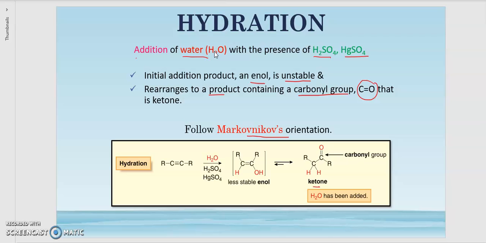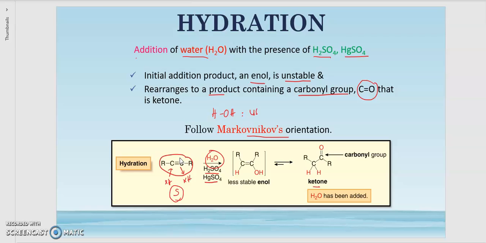So for this example, an internal alkyne, meaning that this carbon has no hydrogens, this one also has no hydrogen, so it is symmetrical, added with H2O in the presence of H2SO4 and HgSO4. H2O is H and OH, so unsymmetrical.